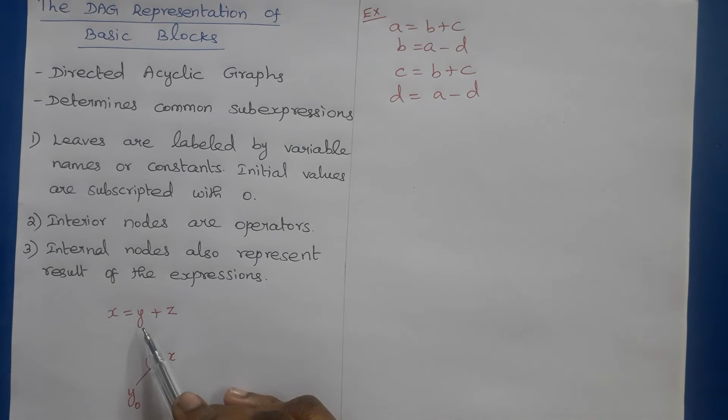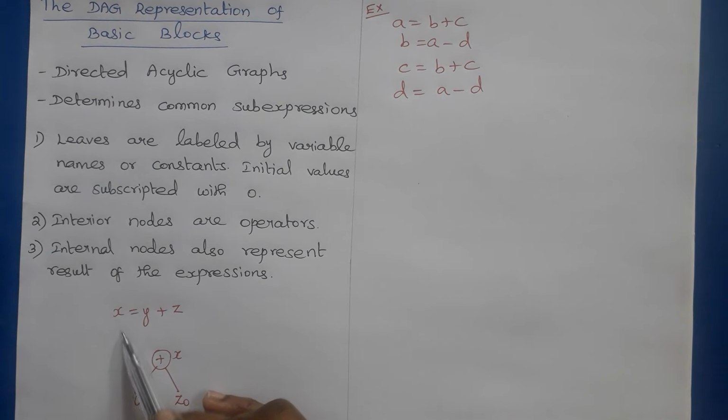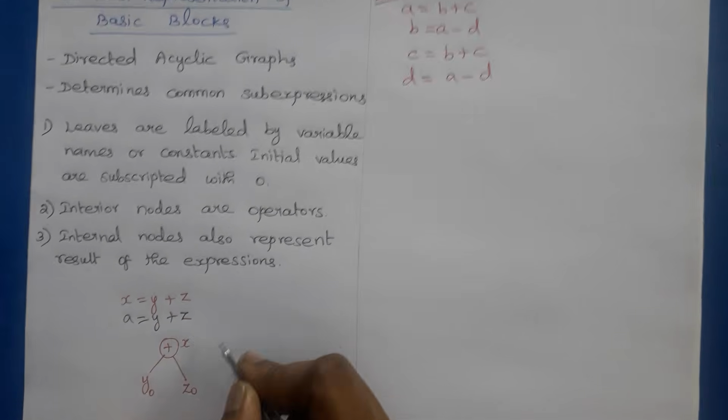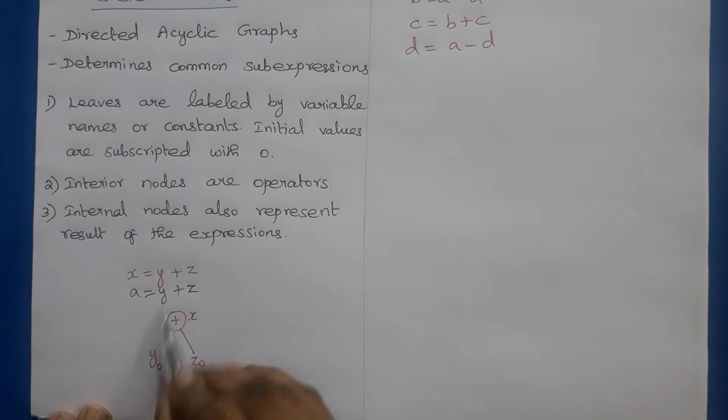For example, suppose there is another statement a equals y plus z, then the operator plus with y and z is already created, so a must be attached. Plus y z is already constructed, so we just attach a in the identifier list.